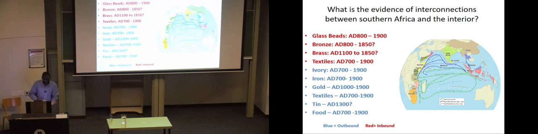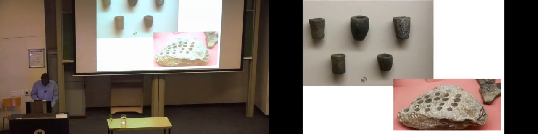Then there are also other intangible things such as ideas and so on, which would also have been part of the same package. But how can we identify ideas? Maybe imitations, co-presence of technologies, and so on.